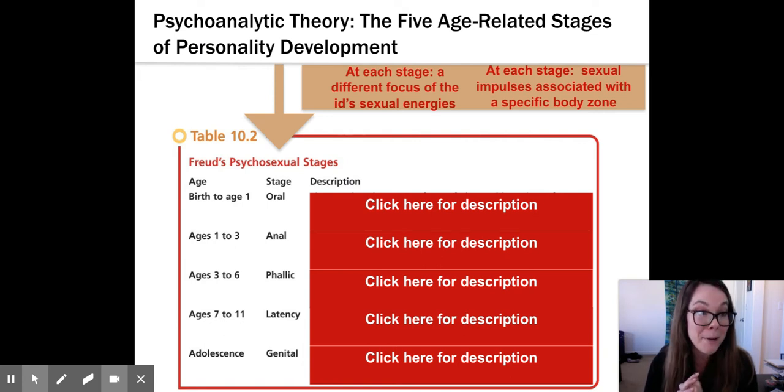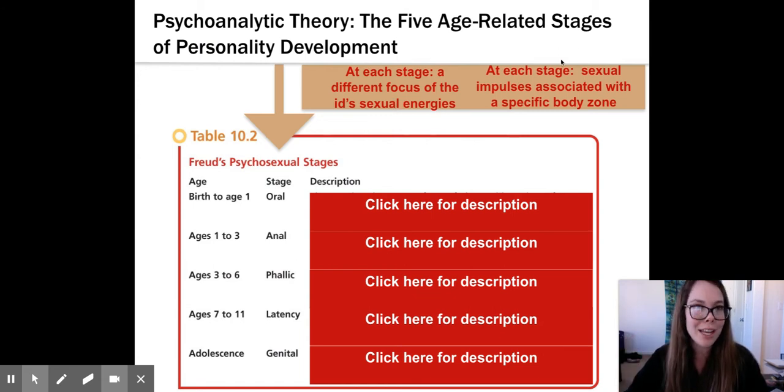My worst nightmare is having admin come into my classroom on the day that I teach Freud's five age-related stages of personality development. Let's go through why. What Freud believed was that at each stage, a different focus of the id's sexual energies would come up. Remember, the id is our most caveman-like tendencies.